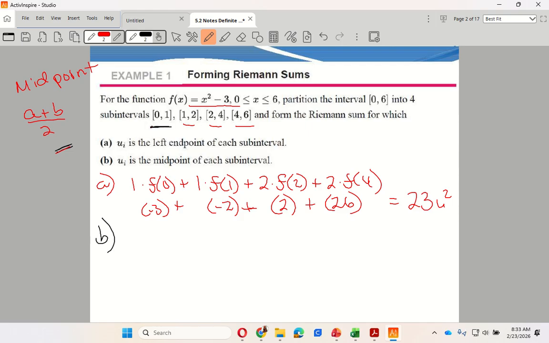What's my delta x there? Yeah, still 1. Times, now this is where the midpoint changes. So f of, so my a and b is going to be 0 plus 1 is 1, which is 1/2.